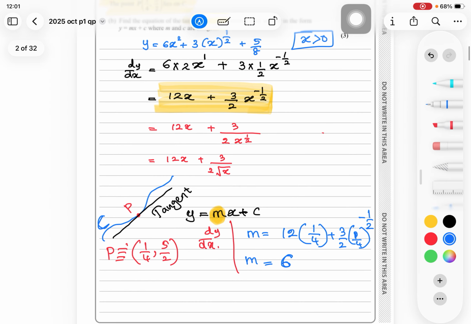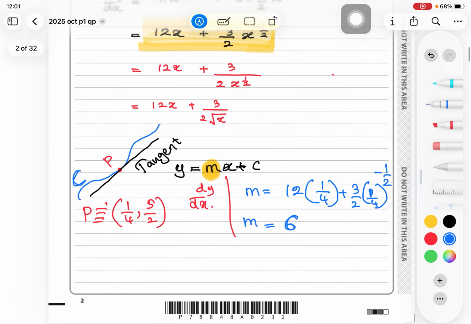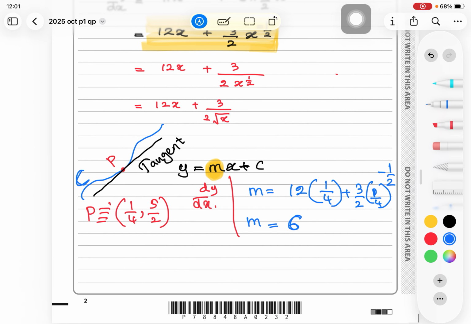Once we get the answer as 6, since we know the point, our next goal is finding the c. We can go with our normal equation format. y minus 5 over 2 equals m times x minus 1 over 4.